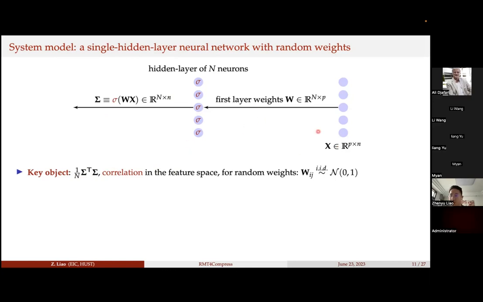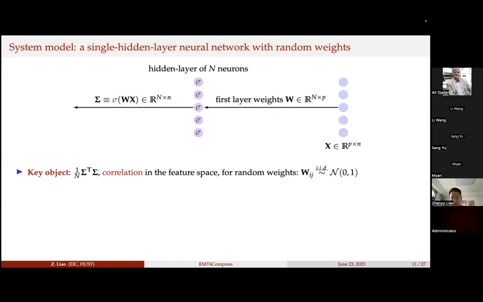So when the data inputs are transformed with the neural nets, what does their correlation look like? And is this correlation behavior an explicit or a complicated function of the nonlinear activation function or the distribution of the weights or not?